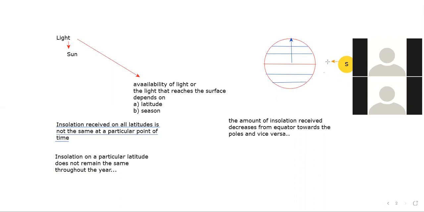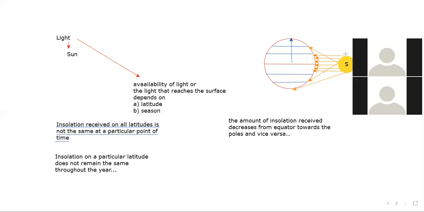One is this region where the insolation is received from the sun, and the next would be this region where the insolation is received from the sun. It may be this region also.